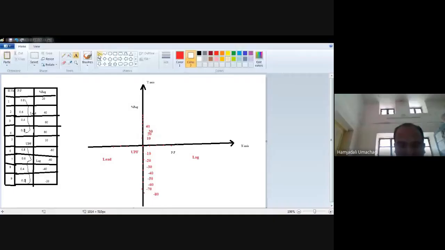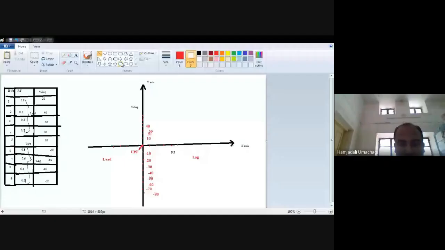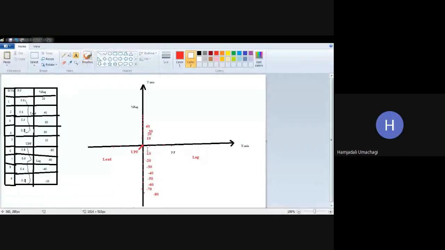And this UPF is the origin point. Okay, and then onwards, here this will be 0.8.